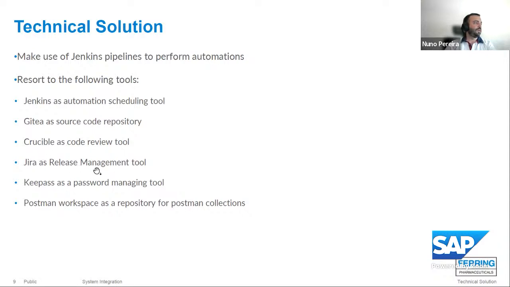We use Jira as not only the release management tool, but also to plan our sprints. And we use KeePass as our password managing tool. And finally, we use Postman as a shared repository across the team to run most of our integrations.